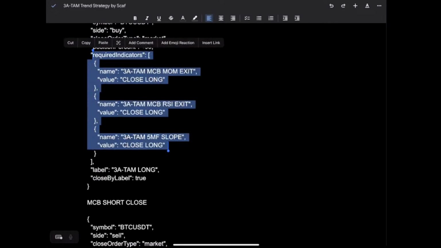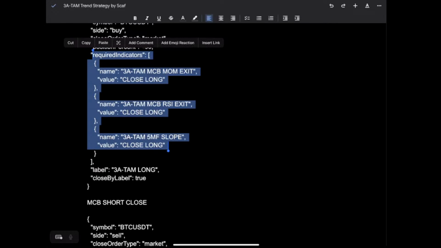I only have 3 required indicators, but that top one is exactly the same as before. So I'm using that momentum wave, either light blue or dark blue, as a positive or at a certain value. Actually, this is a little different, so I'll show you in a second. But that's an OR statement.